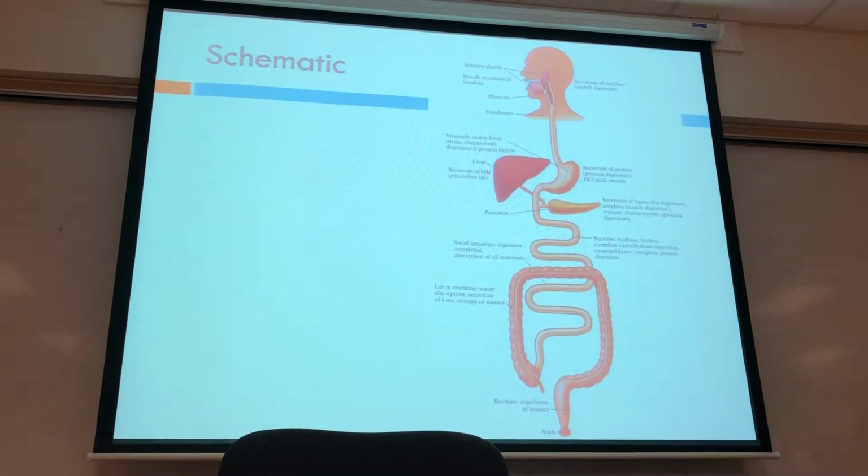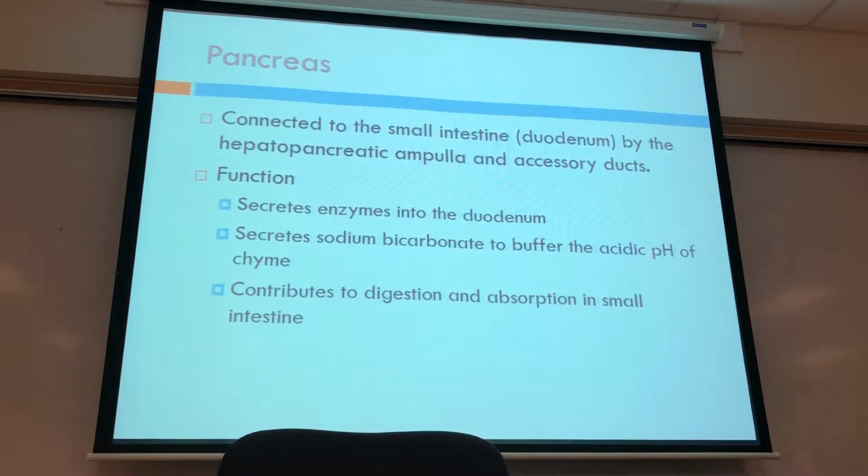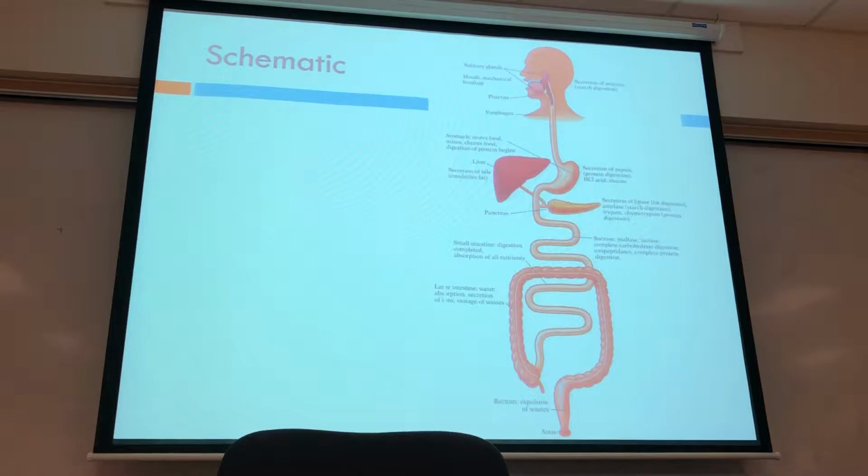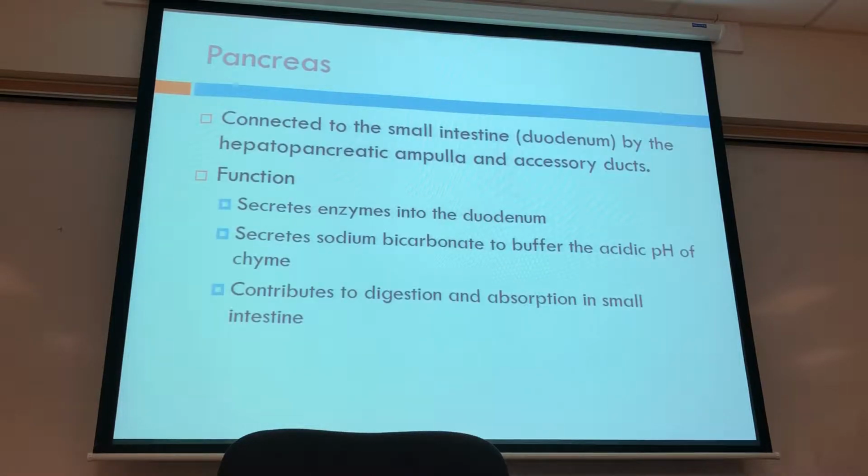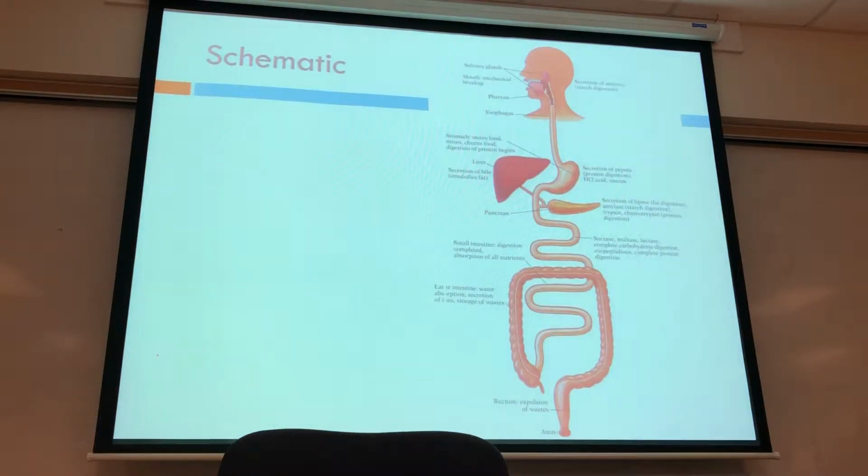The cephalic phase, again, referring to the head. So here we are at the cephalic phase, which starts the whole process of the mechanical breakdown, where we use the mouth to break our food down into smaller pieces.